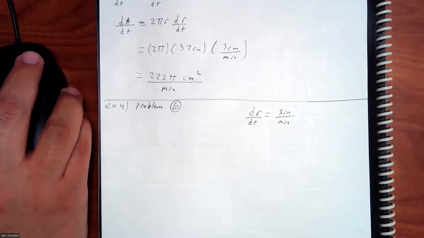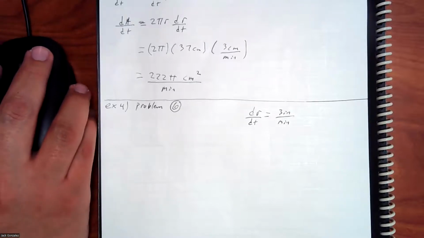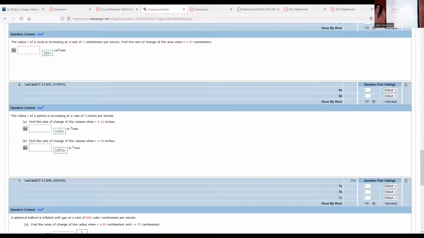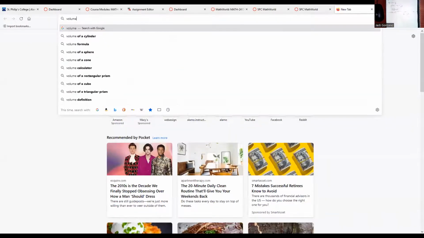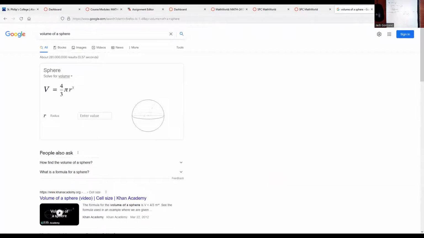Let's use the Google machine. Volume of a sphere? 4/3, yeah, 4/3 pi r cubed.